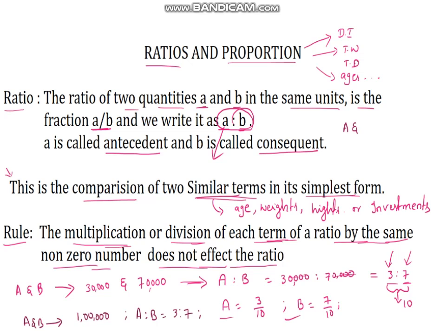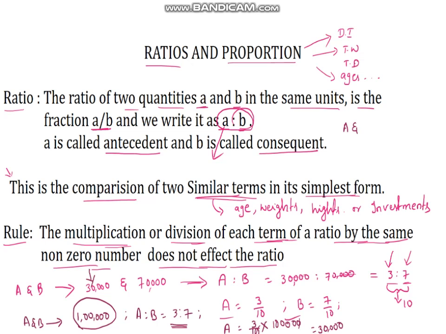What are the individual investments of A and B? We know the ratio. A belongs to 3 parts, so 3/10 into the total amount, 1 lakh, equals 30,000. So we get the individual share of A.